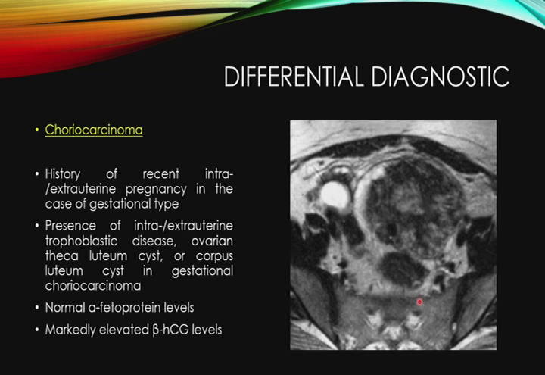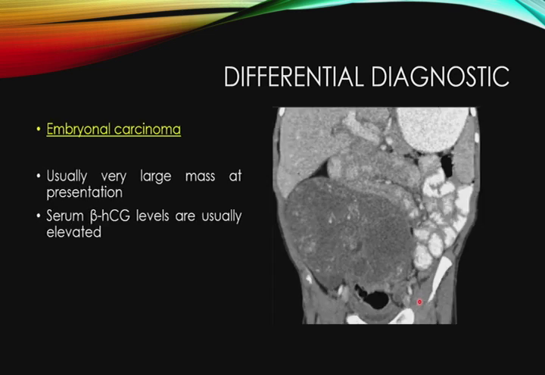Normal alpha-fetoprotein, markedly elevated beta chorionic gonadotropin hormone. And embryonal carcinoma, usually a very large mass at presentation. In serum, beta chorionic gonadotropin hormone levels are usually elevated. That's it.